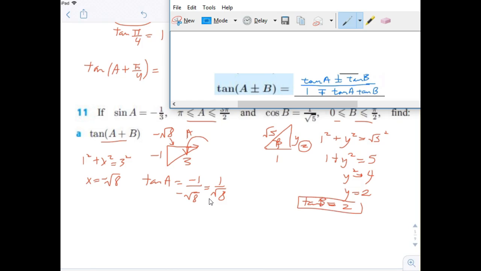So we're going to use our formula. This formula right here is the same one. So we're going to put tangent of A plus B is equal to the tangent of A plus the tangent of B. So that will be 1 over square root of 8 plus 2.